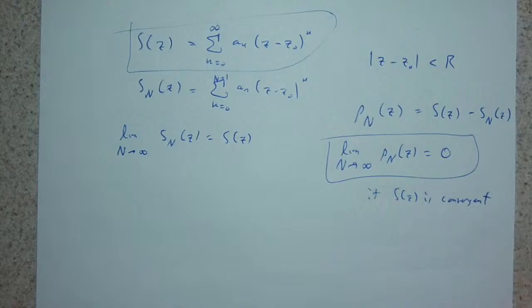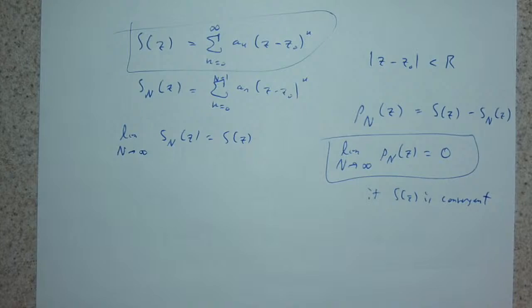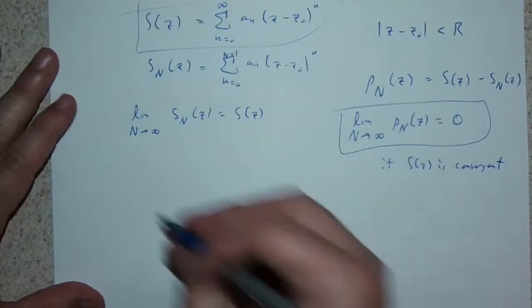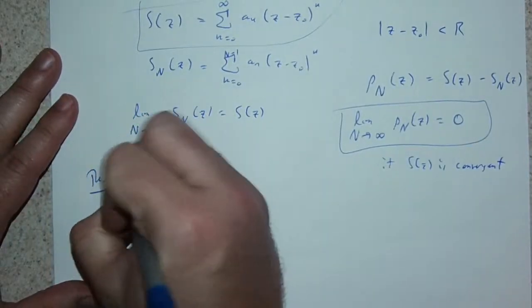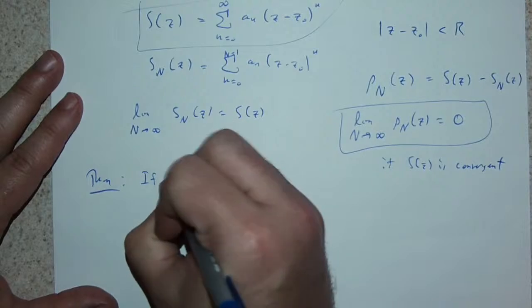So this convergence is called uniform if this thing goes to 0 in a way where the chosen big N that depends on epsilon and z doesn't actually depend on the point in question. Then it's called uniform convergence.